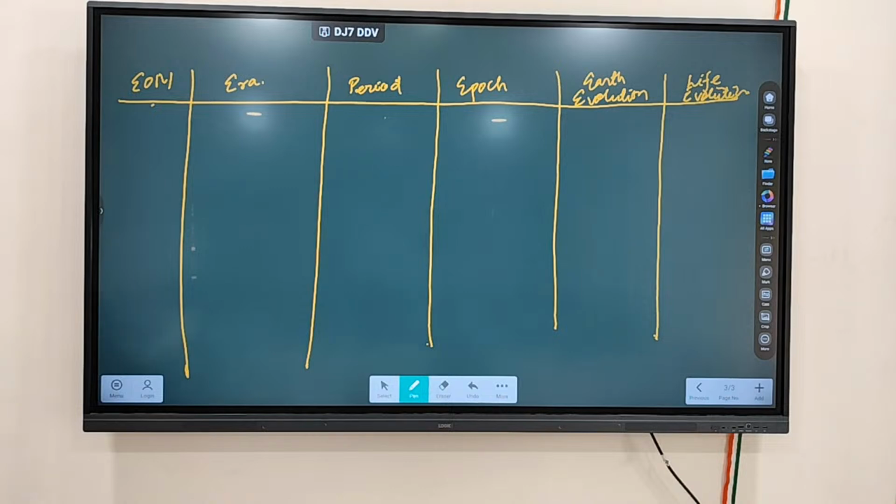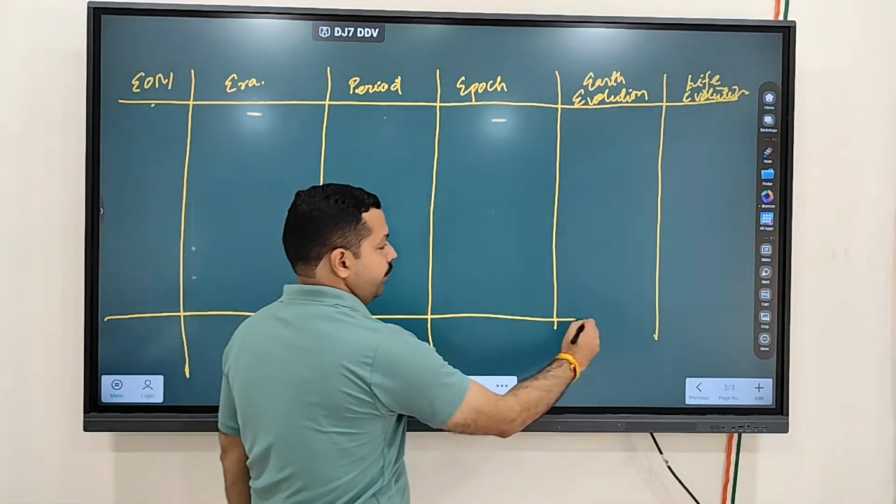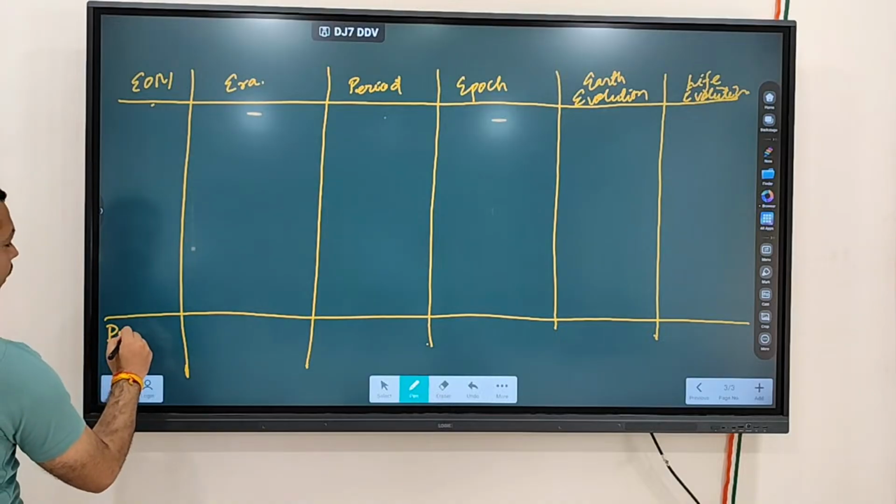The first is eon. There are two types of eons. One is called the Precambrian eon and another is called the Phanerozoic eon.